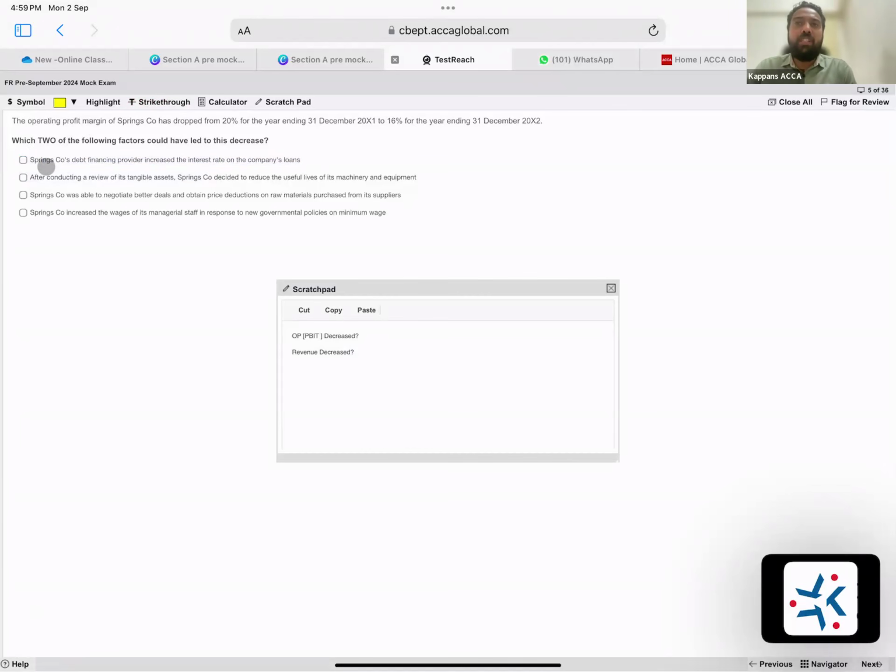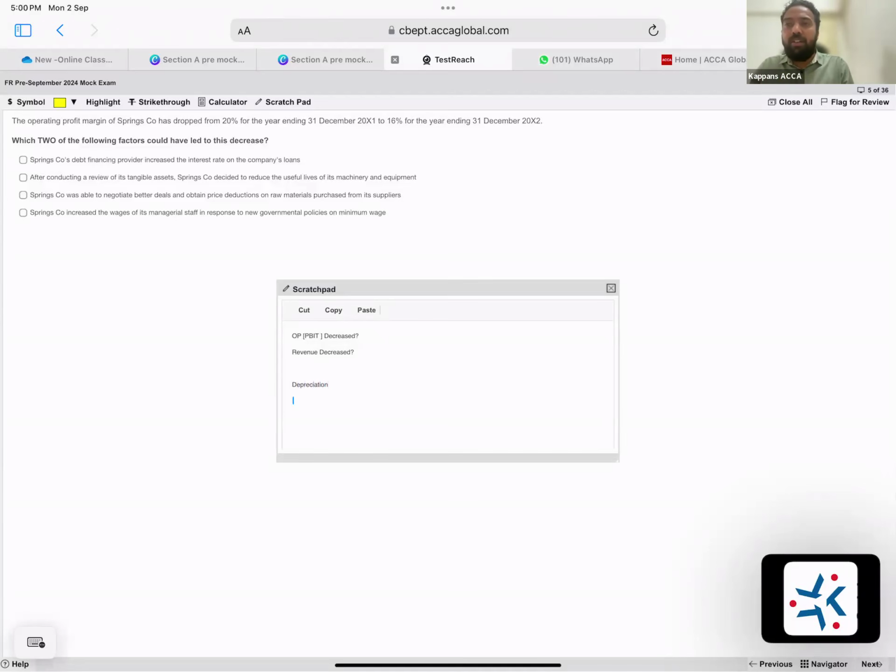B, after conducting a review of tangible assets, Springs company decided to reduce the useful life of its machine and equipment. So if they are reducing the useful life of machine and equipment, what will happen to depreciation? Will it increase or decrease? Let's put some figures to understand that.